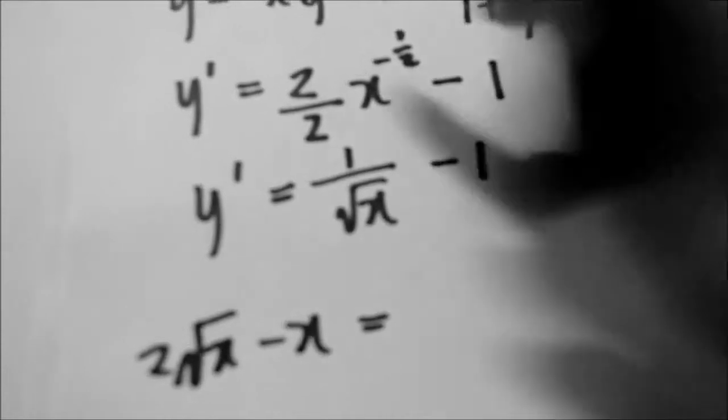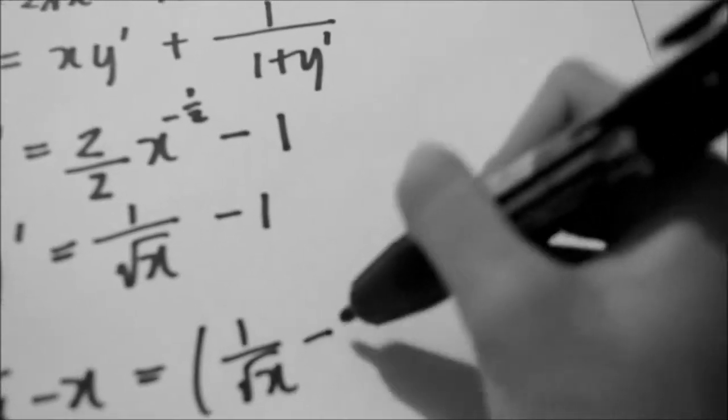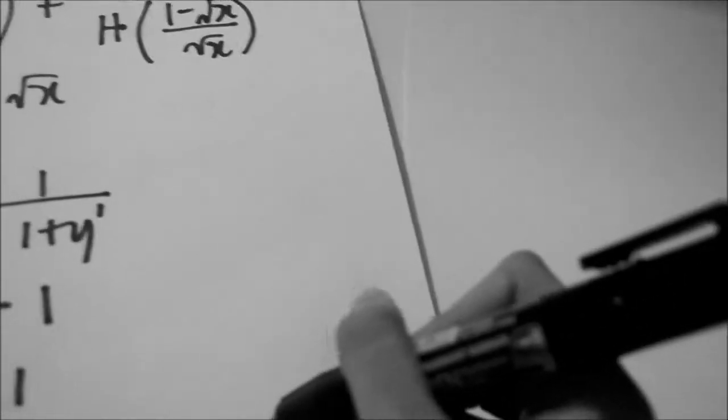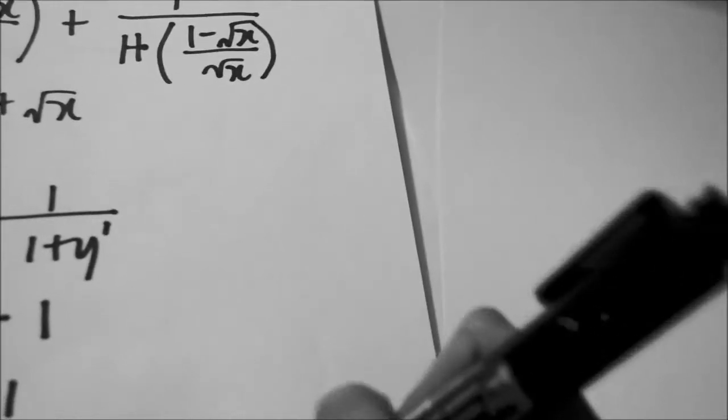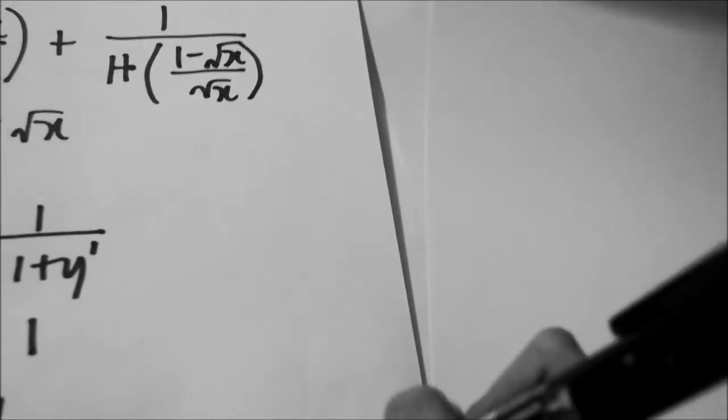So y is equal to 2 square root of x minus x. So y is equal to x y prime, or y prime is this one, 1 over square root of x minus 1, plus 1 over 1 plus 1 over square root of x minus 1.